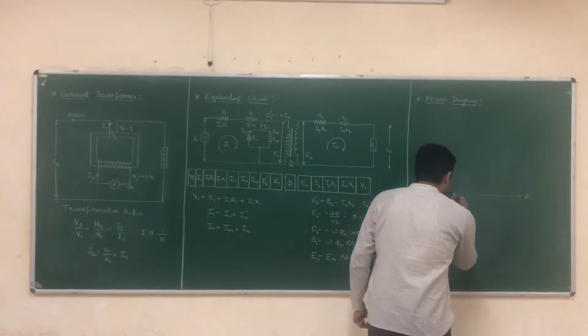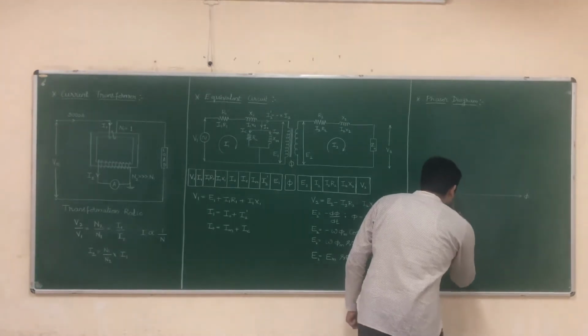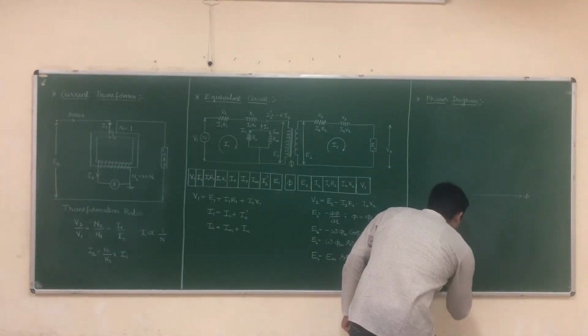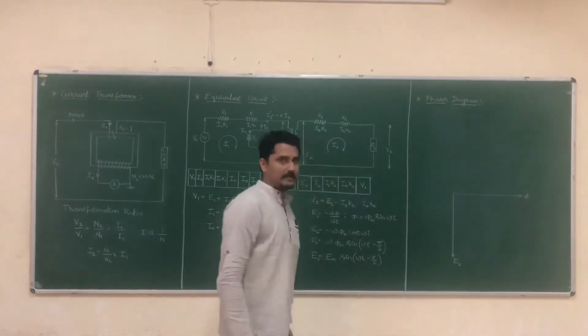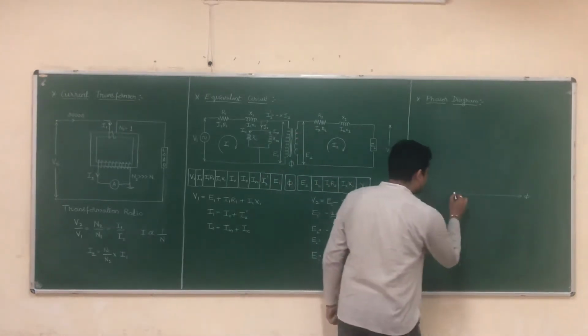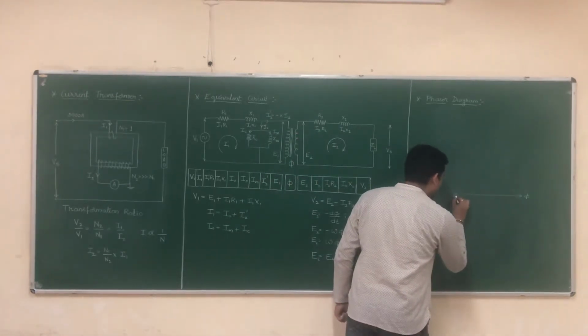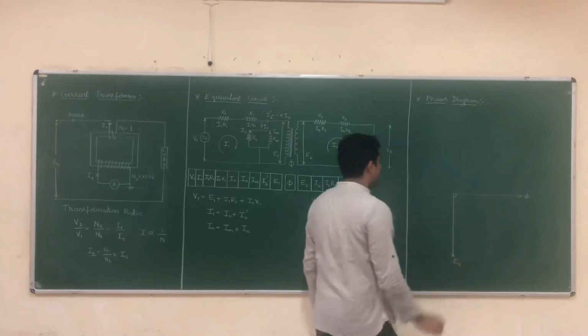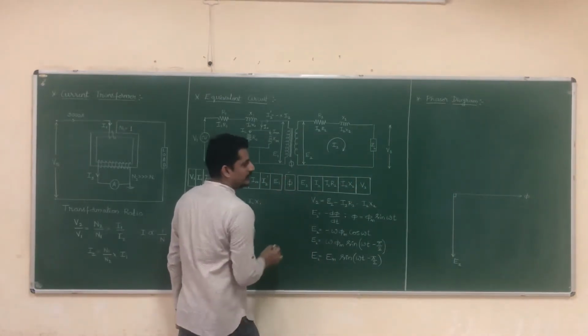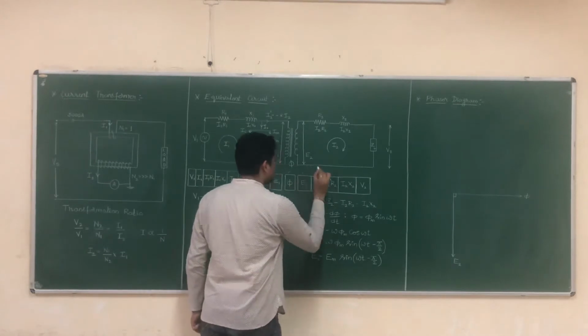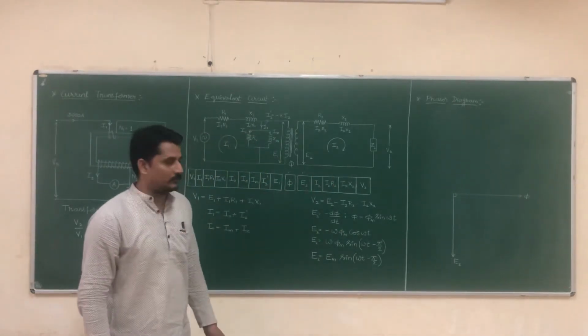So from here I can write this as E2, and this is lagging by an angle of 90 degrees. Now I have completed this part and I have completed this part. Okay, E2.